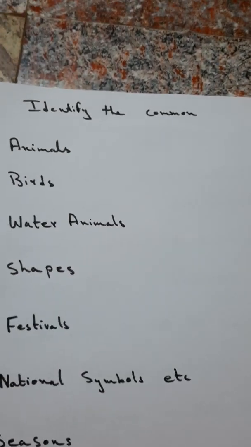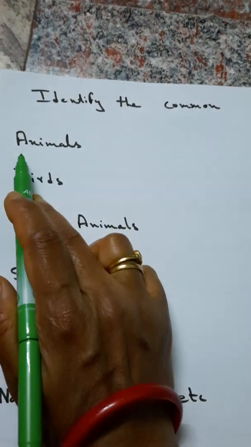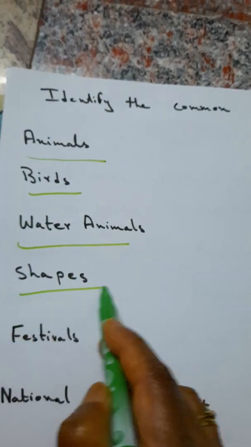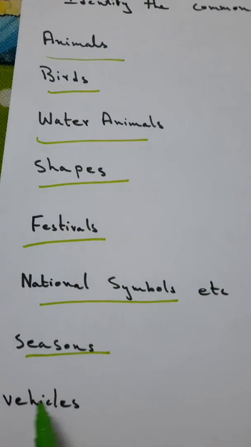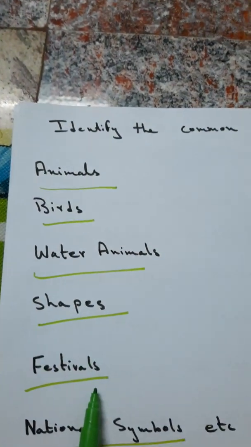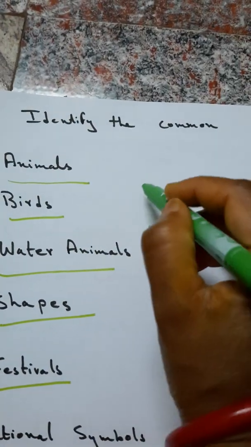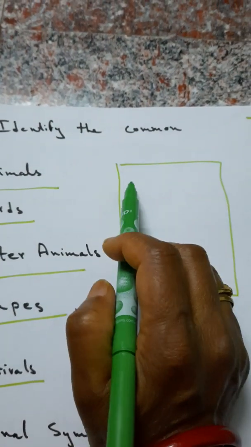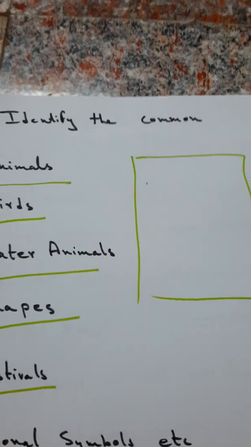Then the seventh worksheet is identify the common things, like animals, birds, water animals, shapes, festivals, national symbols, seasons, vehicles, etc. For these common things you cannot draw the picture. You can take a general picture reading book and ask the child to identify the animal which you show them.